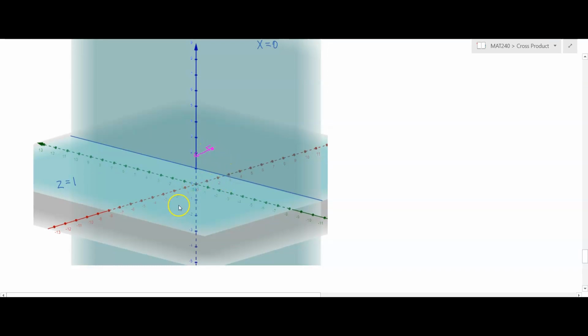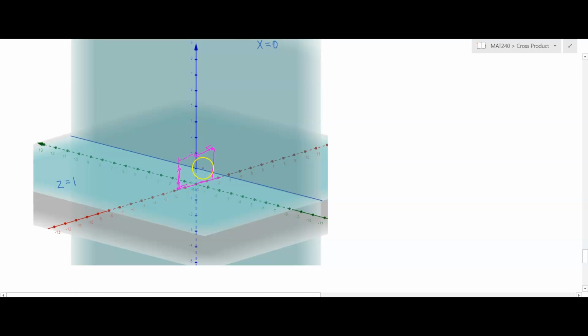And simultaneously, if we find a vector that is perpendicular to z equals 1, it's going to point straight up, and that's going to be a 90-degree angle right there. Then those 2 perpendicular vectors, if we think about this, form a plane themselves. And if to those 2 vectors, so let me complete this picture like so.